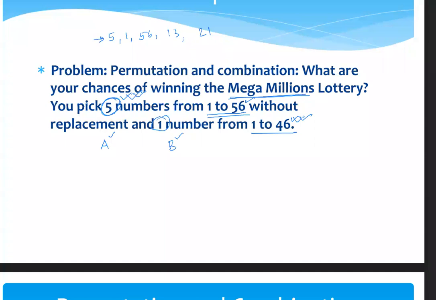Let's say somebody named John Doe selects 5, 1, 56, 13, and 21. Now somebody named Jane Doe selects 21, 5, 1, 13, and 56. Both of them selected the same numbers, but in different order.